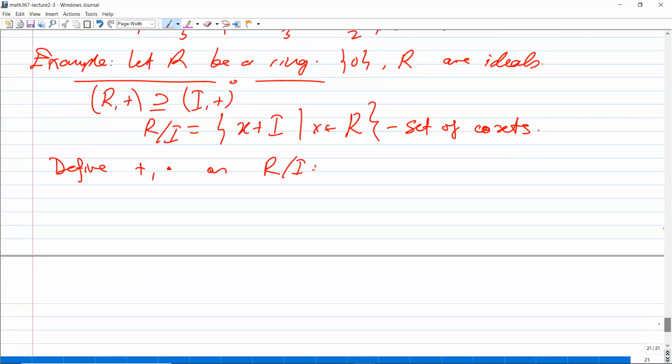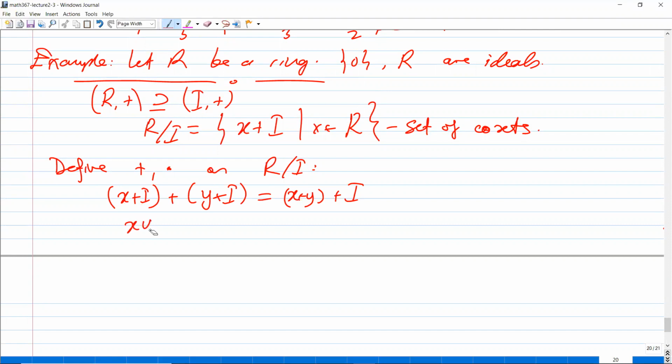If you take two elements x plus I and y plus I, let's define the addition in a natural way: (x plus I) plus (y plus I) is the left coset of x plus y plus I. And let's define multiplication also: (x plus I) times (y plus I) to be x times y plus I.